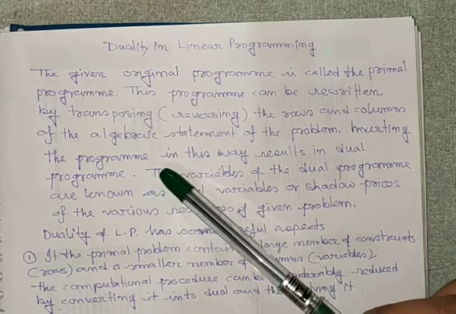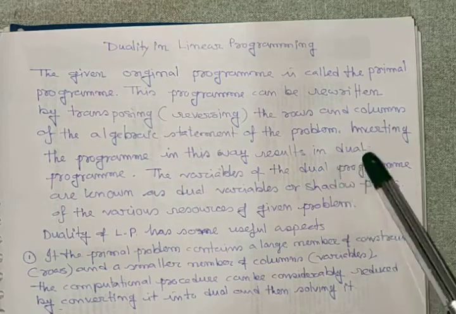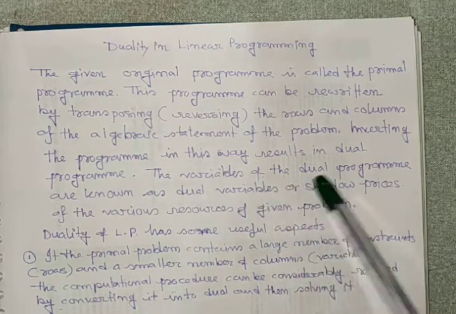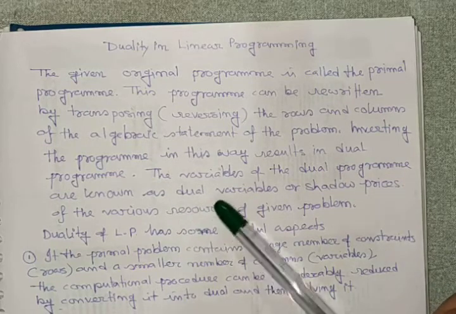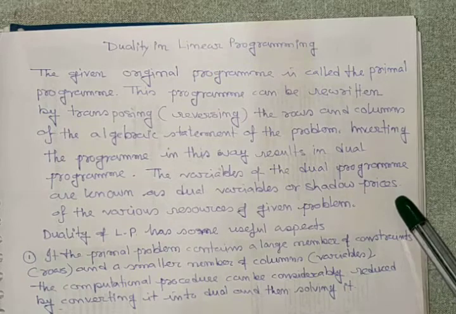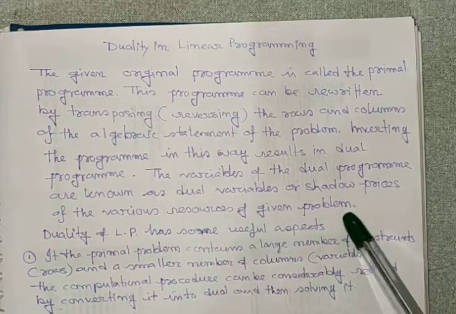Inverting the program in this way results in a dual program. The variables of the dual program are known as dual variables or shadow prices of the various resources of a given problem.